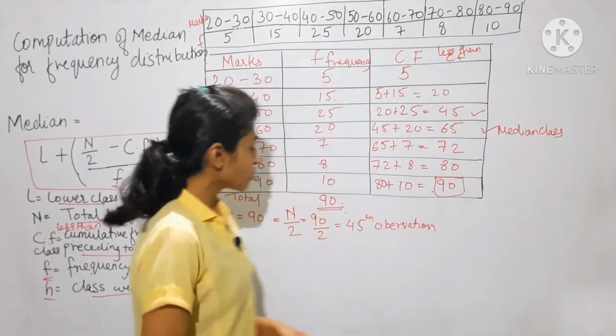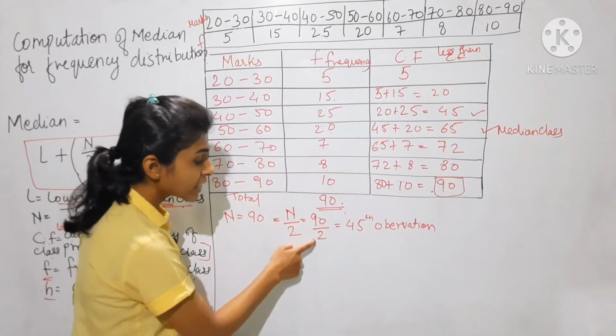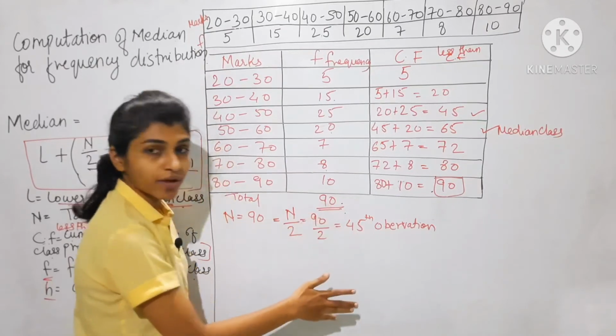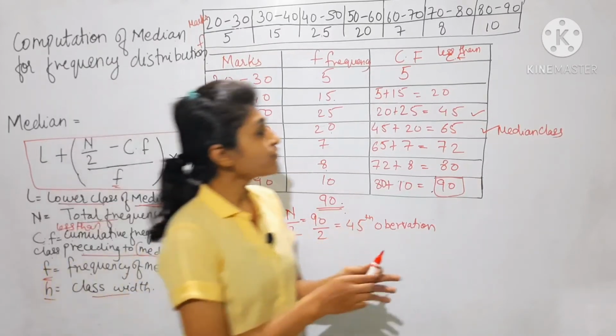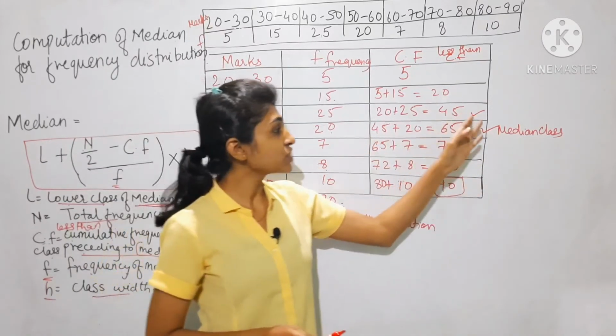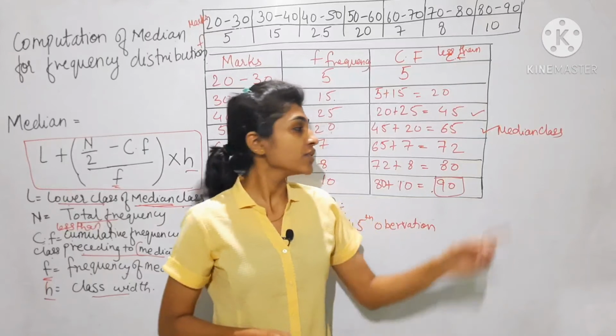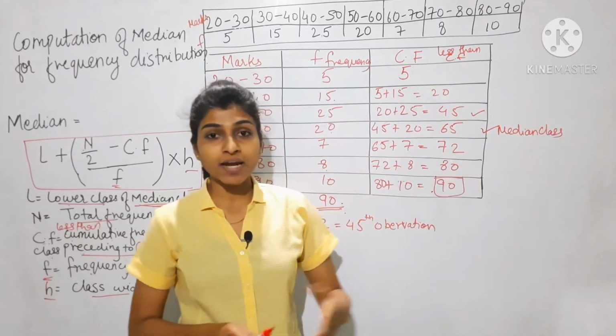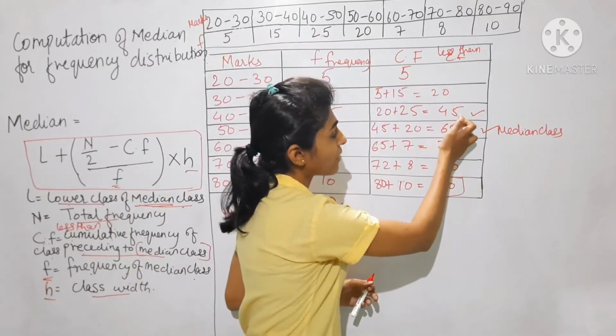So n upon 2, 90 upon 2, we got 45 as the observation. Just the class which is greater than 45 will be the median class, meaning the next class after 45.